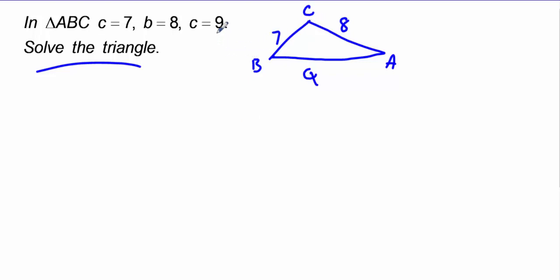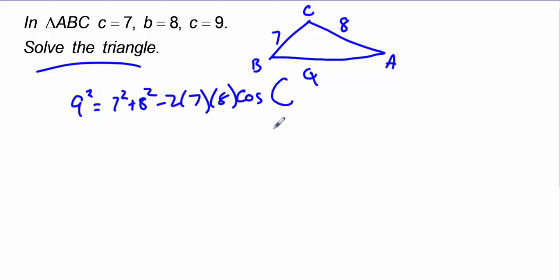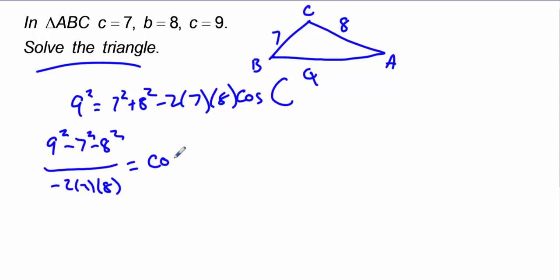So in this case, I'll find C, and I have 9 squared equals 7 squared plus 8 squared minus 2 times 7 times 8 times the cosine of angle C. So now I have to isolate angle C. To do that, I bring the 7 squared and the 8 squared over, and I divide by this product here, and that's going to equal the cosine of angle C.